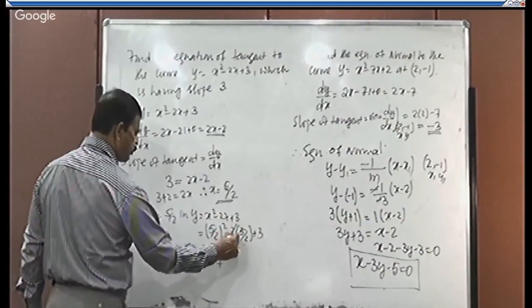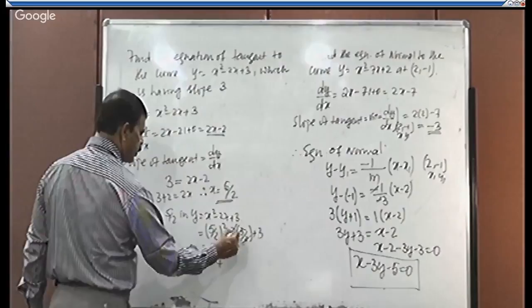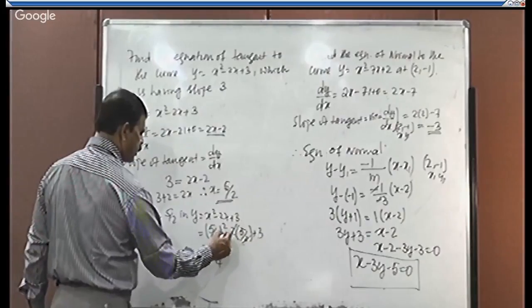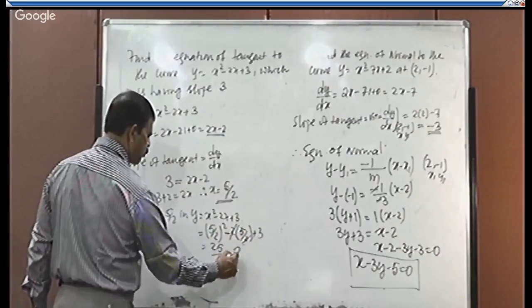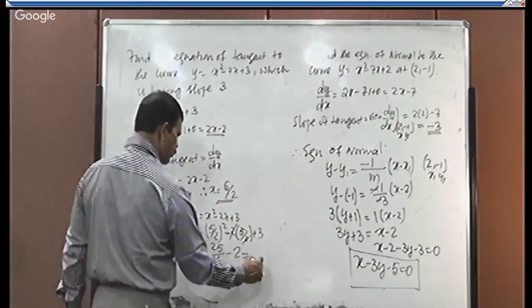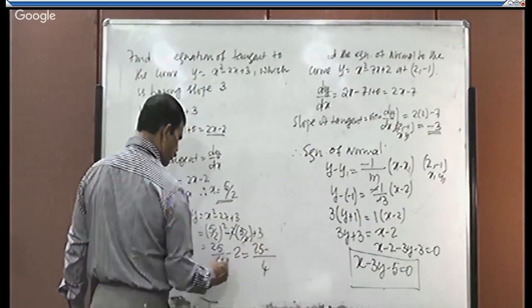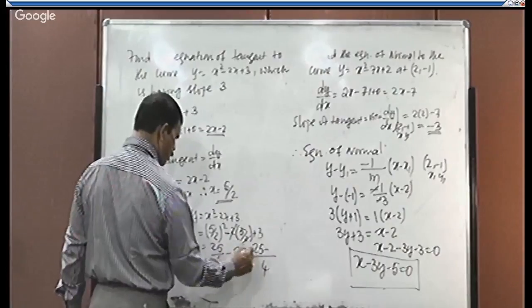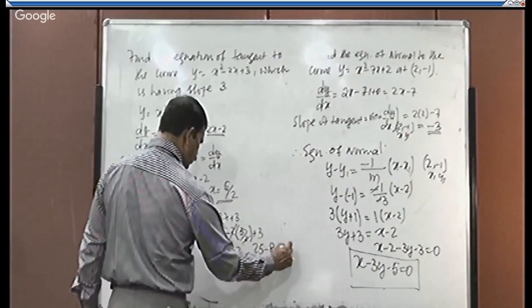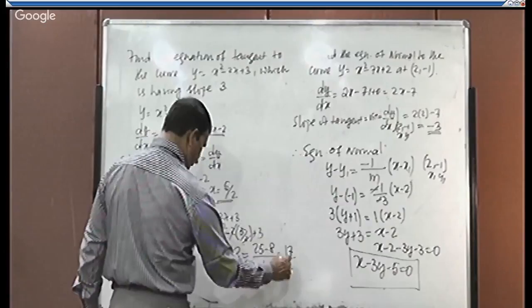Minus 2 cancel, remaining is 5, minus 5 plus 3 is minus 2. Take the LCM, which is 4. 25 minus 4 into 2 is 8, which is equal to 17 by 4.